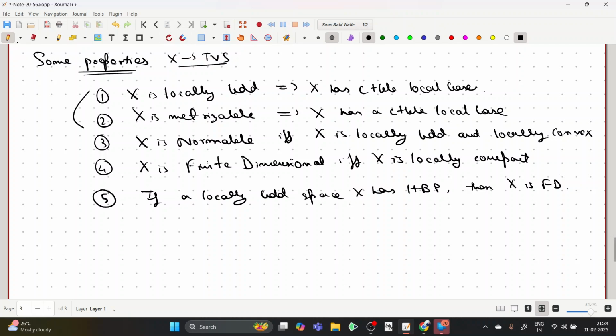So these are the 5 important properties of topological vector spaces which we will be proving eventually as time goes. These properties are very important to have complete knowledge about the topological as well as the vector space properties of a given space. If I know it's locally bounded, I can say something about the topology being bounded in some sense, because I can always translate the local properties in terms of open sets to global properties, right?